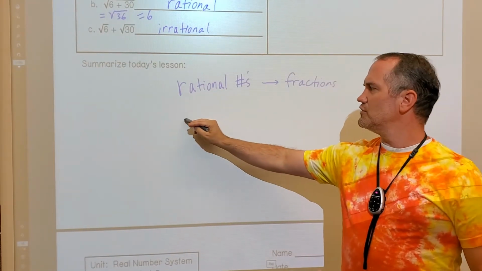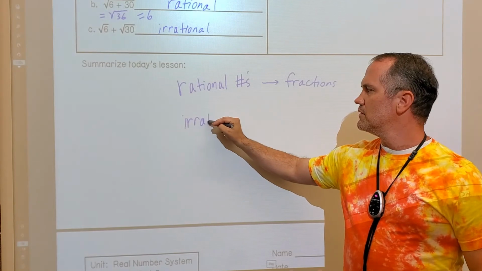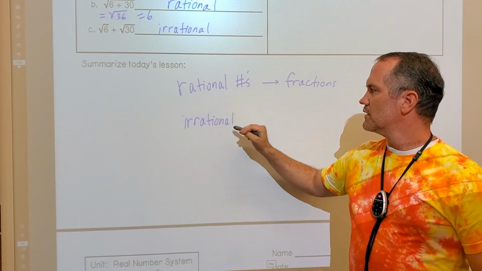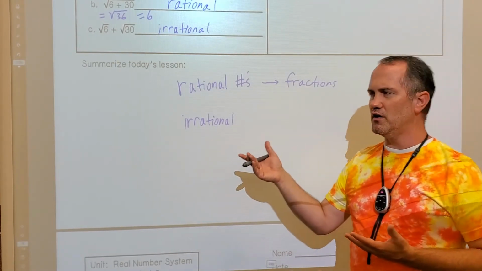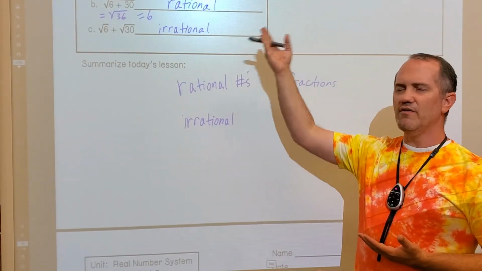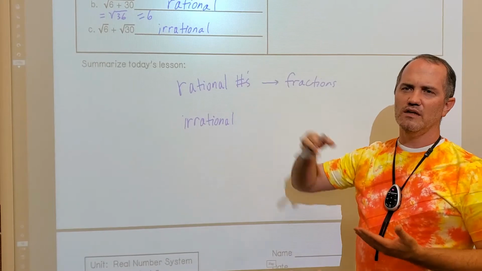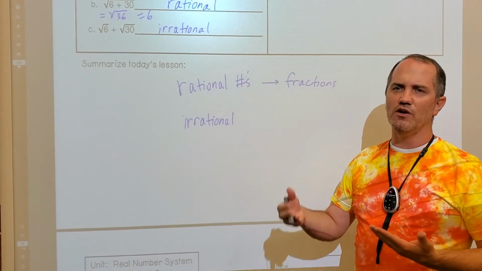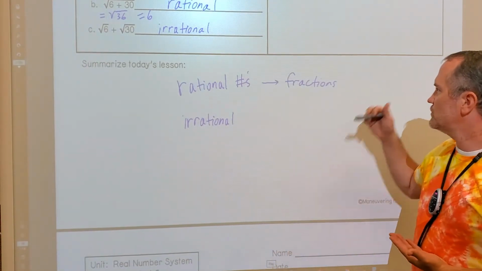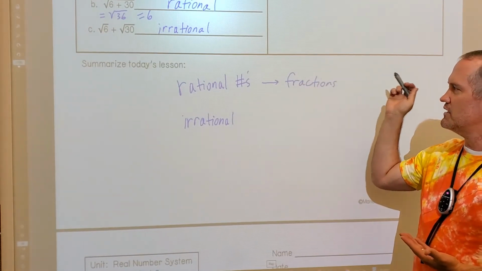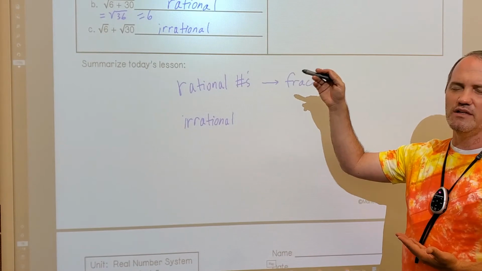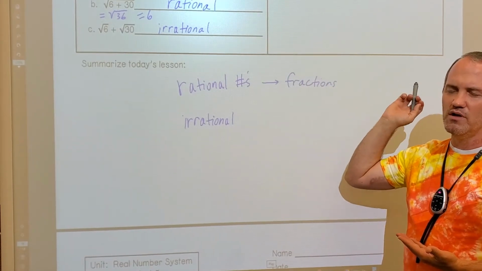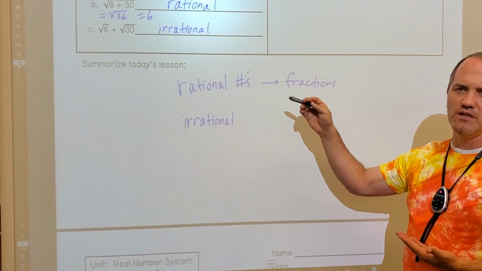And irrational numbers, from what we've learned so far, you can have the weird made-up ones, but they are non-ending, non-repeating. Maybe you can write down terminating or repeating under rational.